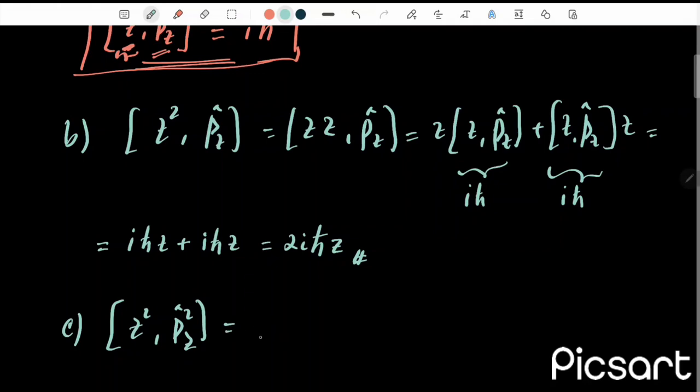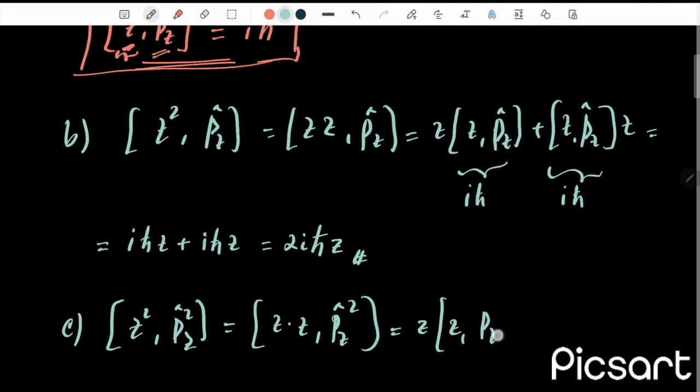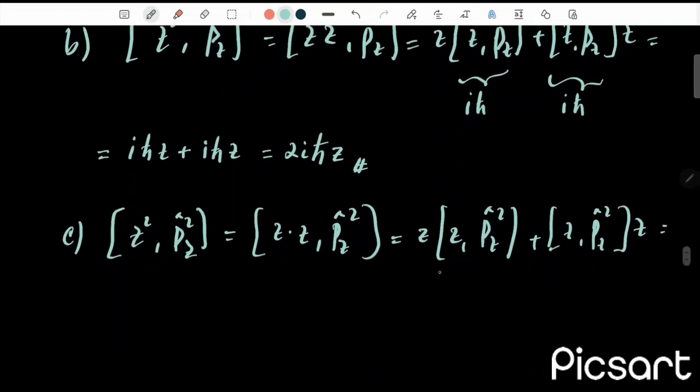Here also we can say this is equal to z pz square plus z pz square times z.